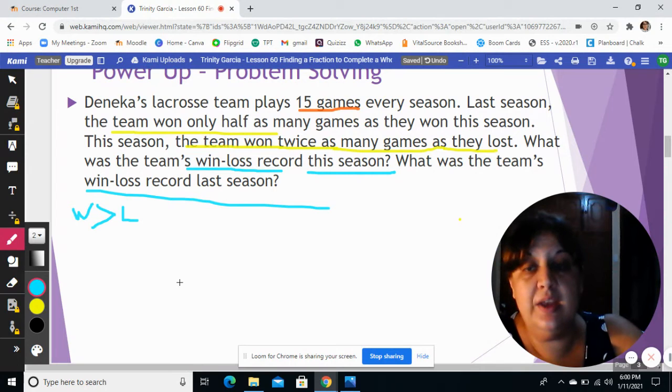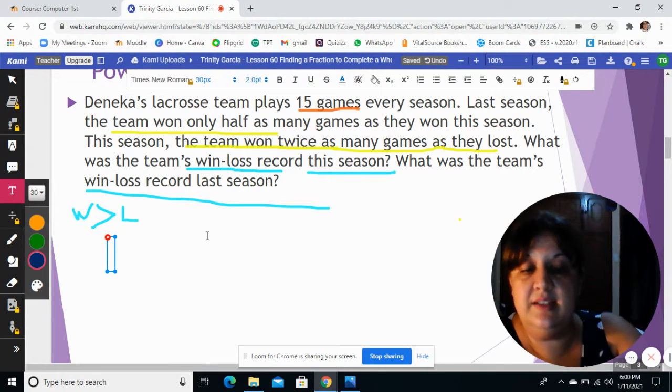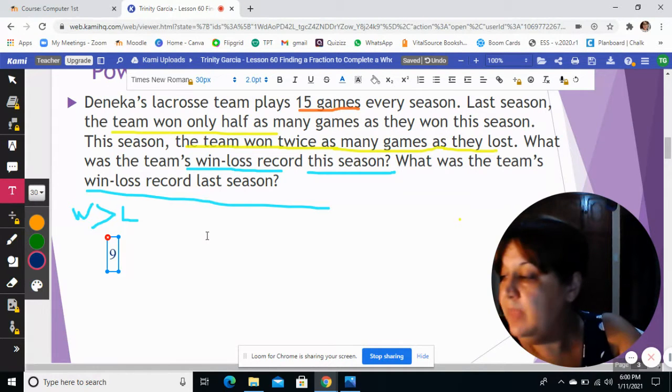Let's start with 9. If we guessed 9, let me switch over here to a text box. All right, so let's guess 9.